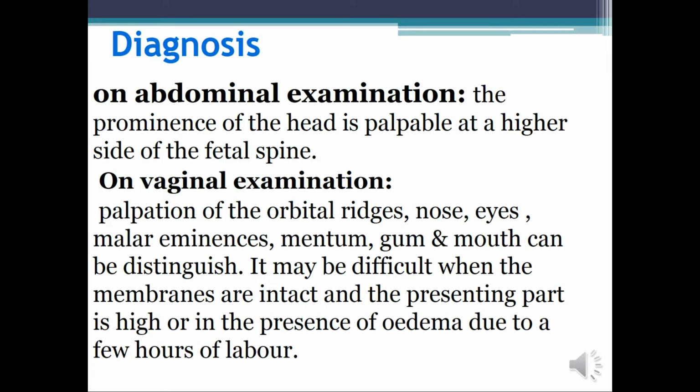Diagnosis. On abdominal examination, the prominence of the head is palpable on the same side as the fetal spine. On vaginal examination, palpation of the orbital ridges, nose, eyes, malar eminence, mentum, gum, and mouth can be distinguished.